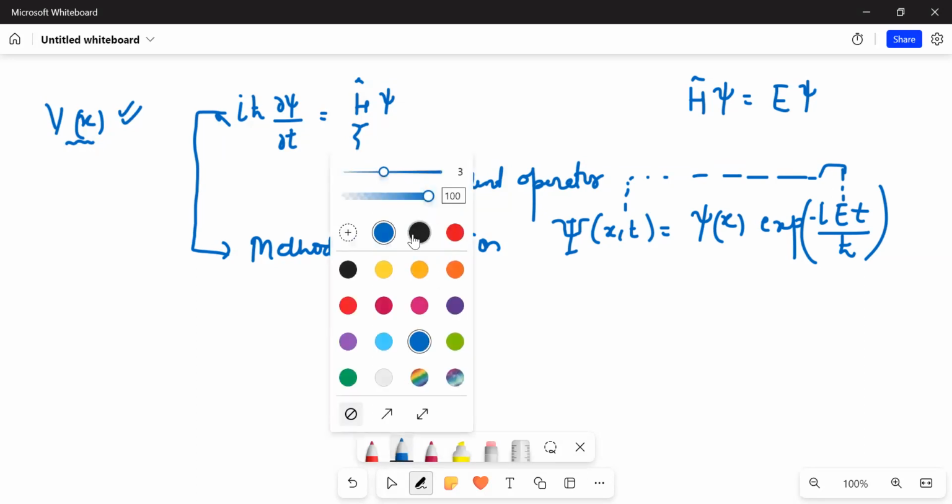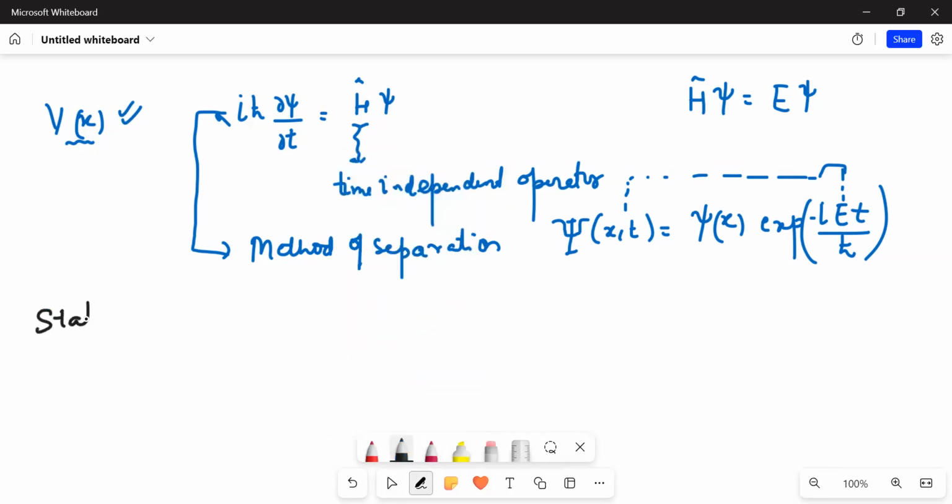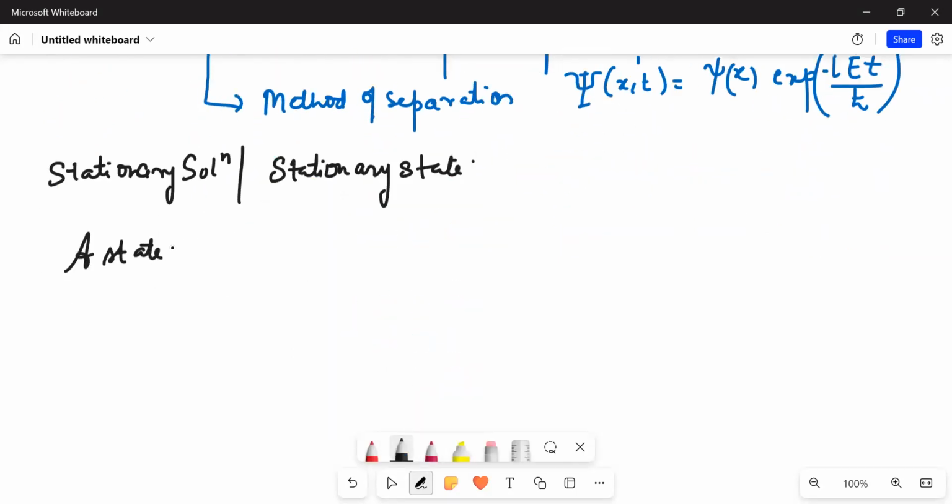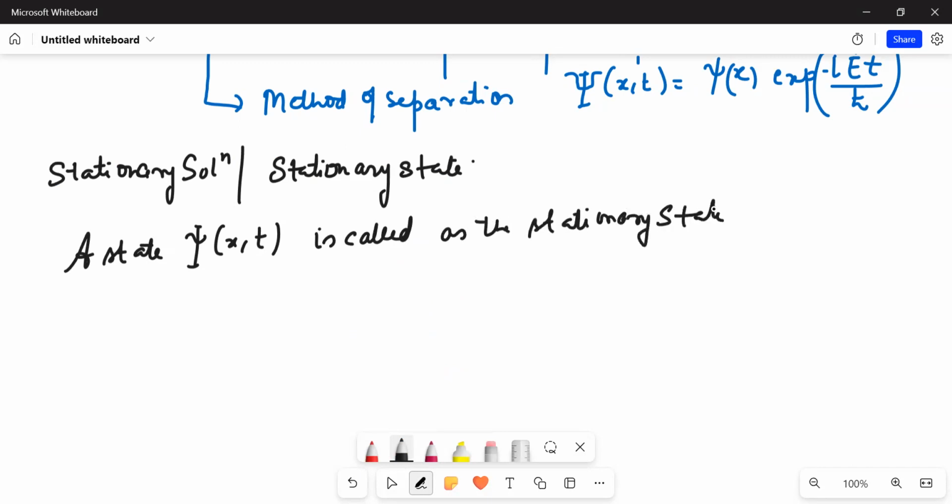Now there comes an important terminology, which is called the stationary solution at times. So let us define something called a stationary state or stationary solution. A state ψ as a function of x and t is called a stationary state if it takes the form ψ(x) times e to the power minus iEt upon ħ.